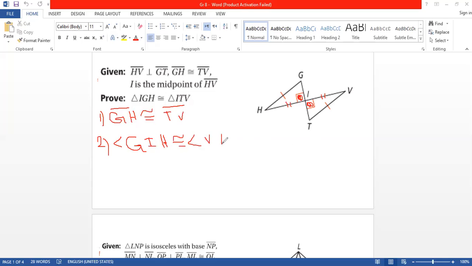Both of them are 90 degrees. Condition number three, we have HI congruent to IV. So the two triangles are congruent, triangle IGH and triangle ITV.